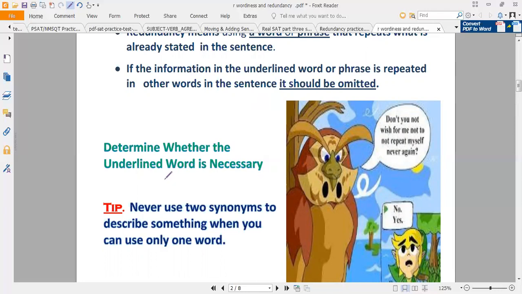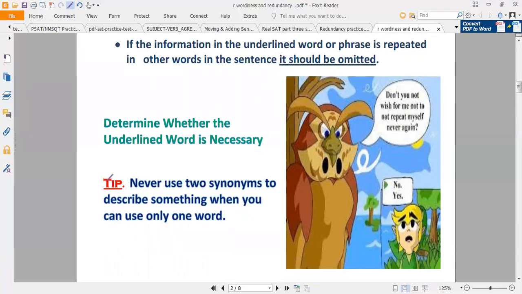ولا ملهاش لازمة يعني. وكمان لازم تنفذ التيب دي اللي هي بتقول never use two synonyms، ما تستخدمش أبدا كلمتين لهم نفس المينينج to describe something when you can only use one word.